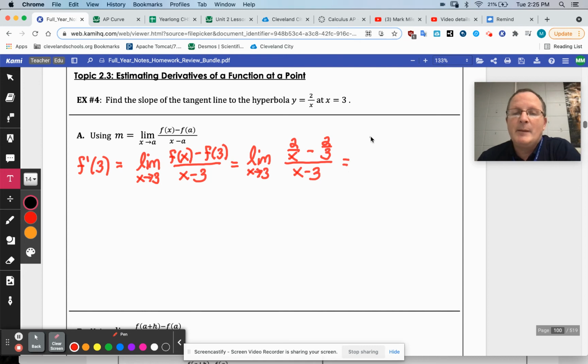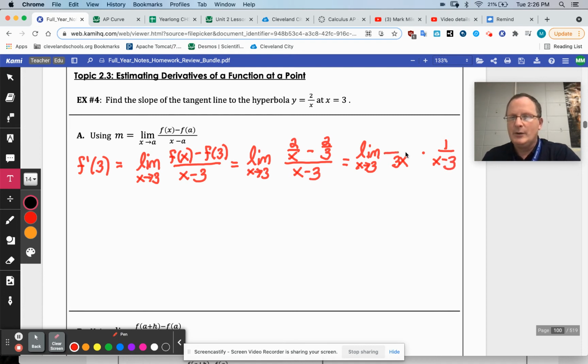So up top, the common denominator is going to be 3x. I'm going to do the common denominator of 3x. And off to the side, I'm going to have this be 1 over x minus 3. So that division is saved for later.